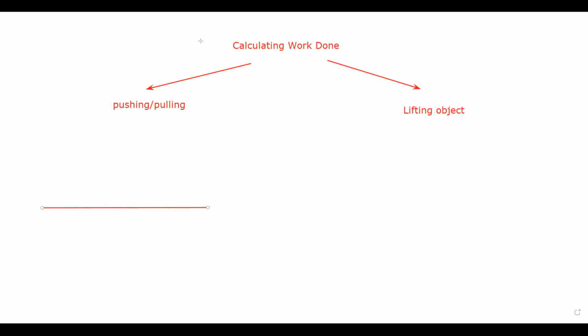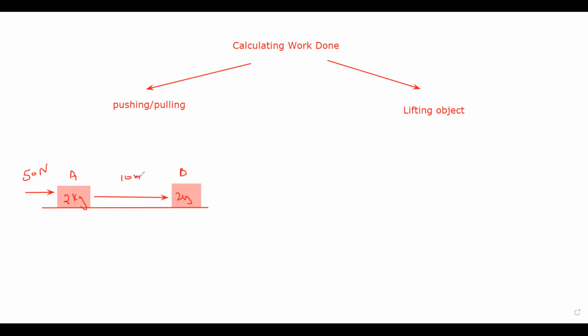a work done, if we are pushing the object, say for example, there's a 2 kilogram object and we are applying a force of 50 Newton. When we applied this force of 50 Newton, this same 2 kilogram object moved from position A to position B. It covered a distance of 10 meters.